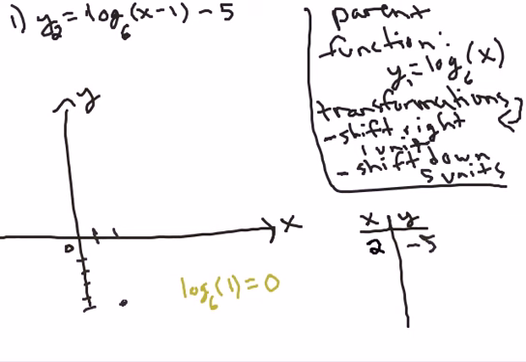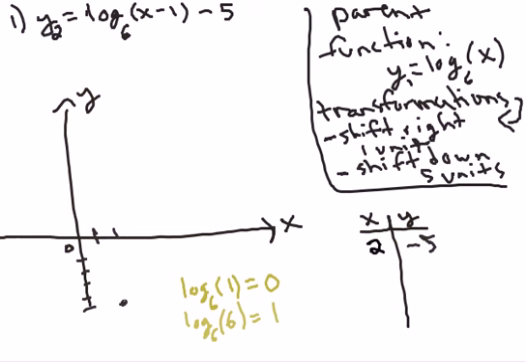So I have a point at 2, negative 5. Okay, and another number that would be quote-unquote smart to pick would actually be 7, because if I plug in 7 for x, 7 minus 1 is 6, and log base 6 of 6 equals 1. Again, because 6 to the power of 1 is 6.